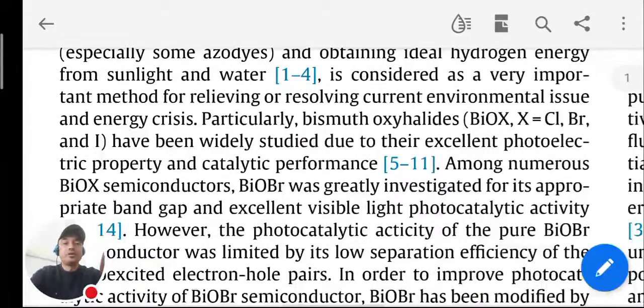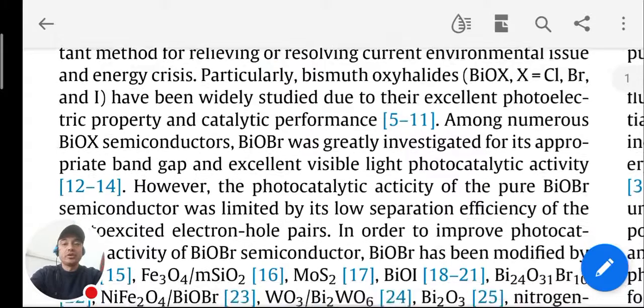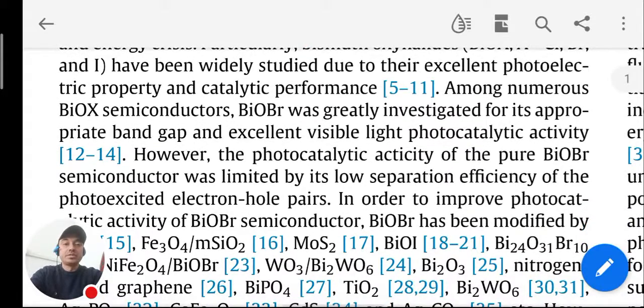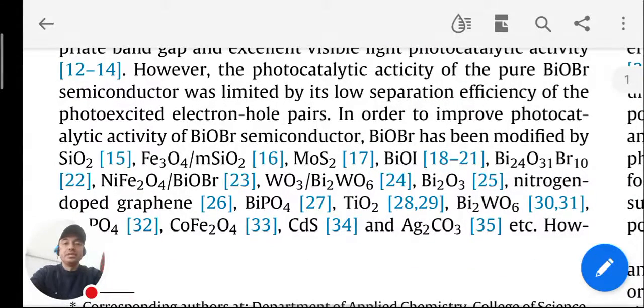Particularly the bismuth halides BiOX, where X is Cl, Br, and I, have been widely studied due to their excellent photocatalytic properties. Among the numerous BiOX semiconductors, BiOBr was widely investigated for its appropriate band gap and excellent visible light photocatalytic activity. However, the photocatalytic activity of pure BiOBr semiconductor was limited by its low suppression efficiency of photoexcited electron and hole pairs.